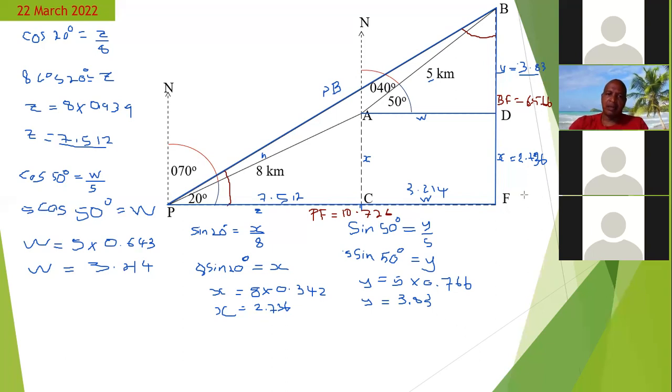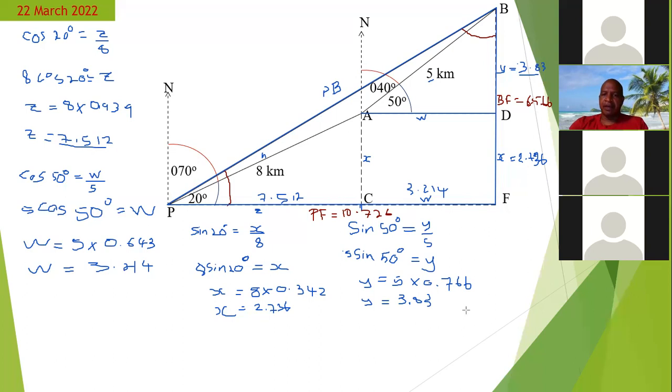Do we need any angle? Mr. Lamar, go ahead. So at this point, we can just use Pythagoras' theorem and find the hypotenuse, because we don't need any angle to calculate PB.